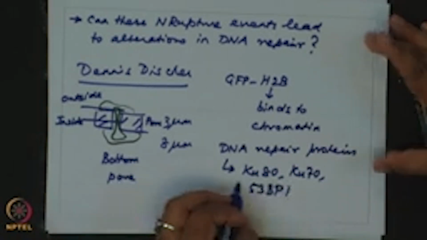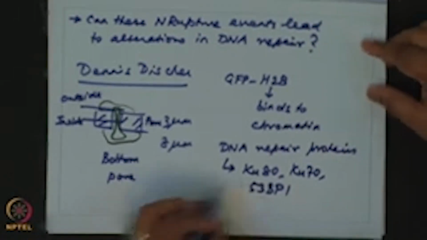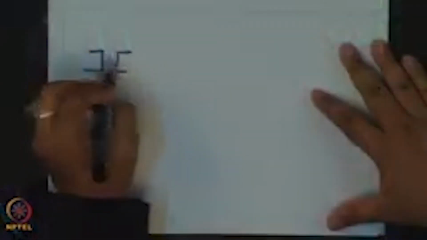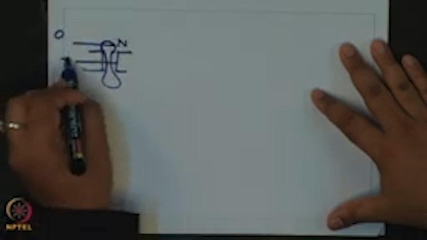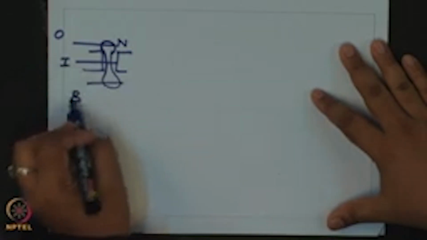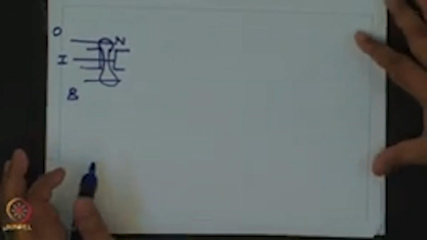Okay. So, these are all DNA repair proteins. Okay. So, what they found, again if I were to just draw the nucleus, let us say this is my nucleus, they were tracking outside, inside and bottom intensity of these proteins.